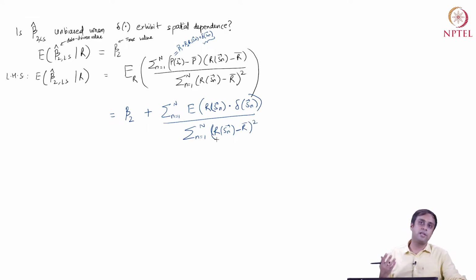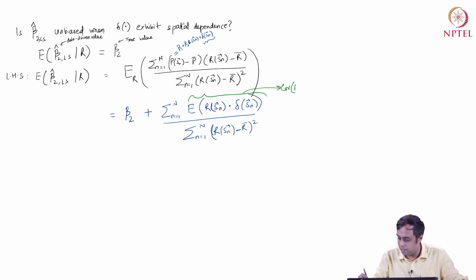So what is interesting to us now is this expectation of the product of my explanatory variable R and the error term delta, right? This term is nothing but a representation of the covariance between R Sn and delta Sn.